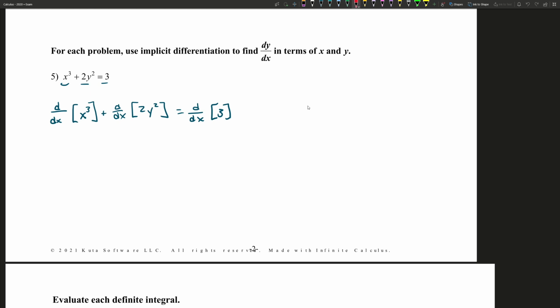The derivative of x cubed is 3x squared. The derivative of 2y squared, right, is the derivative of 2 times something squared, which is 4 times that something just to the first, and then times the derivative, so I'll write it like this for now, of the inside.